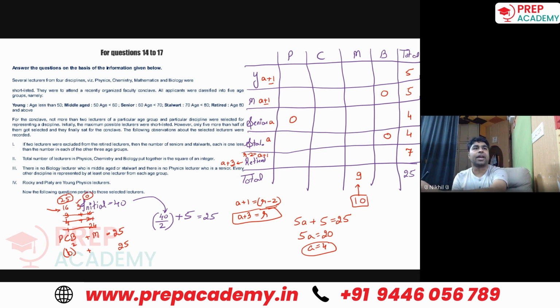Every other discipline is represented by at least one. So at least one, each one of them has to be there, at least one everywhere.